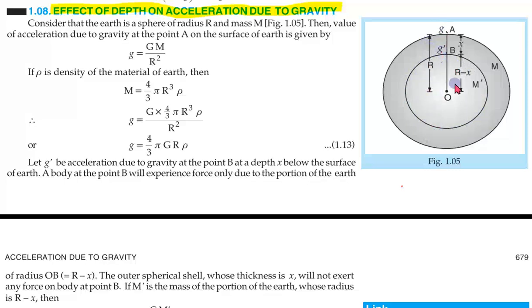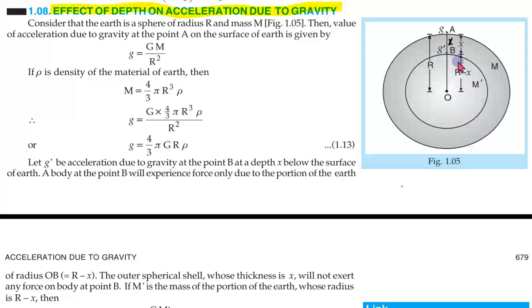For small g dash, I have radius r minus x. This much is x, so if I subtract x from r, I get this one. This is the new radius for g dash.